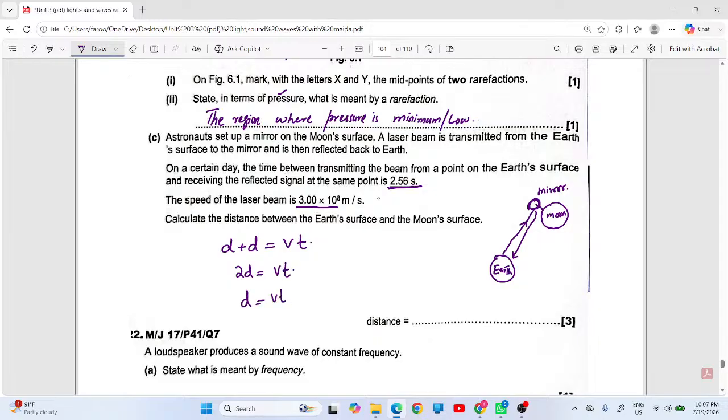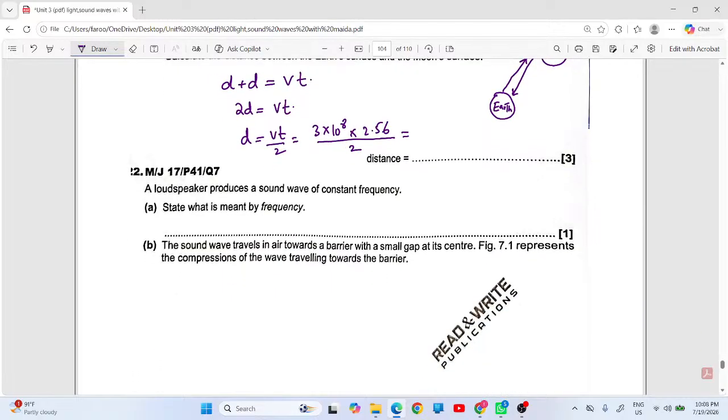Distance equals V times T over 2, speed is 10 power 8, time is 0.56, over 2. चेक करें क्या आता है. 3.842 multiplied by 10 raised to power 8. 3.8 into 10 power 8 meter.